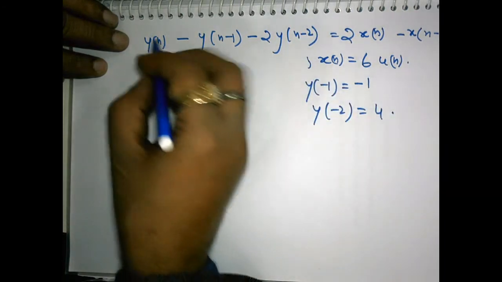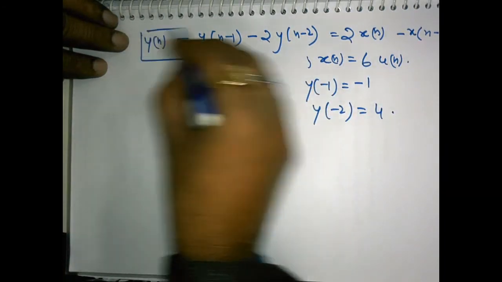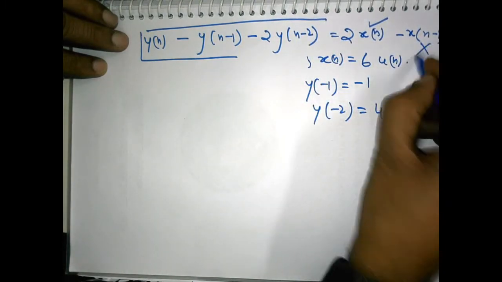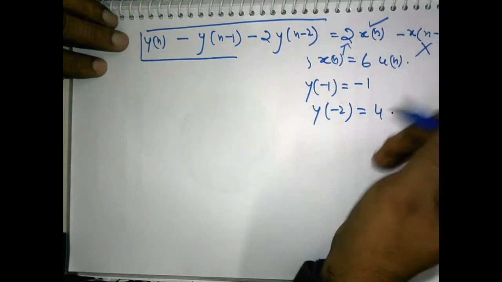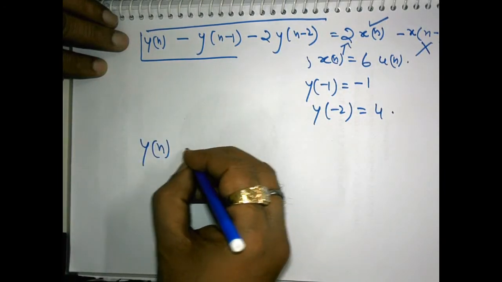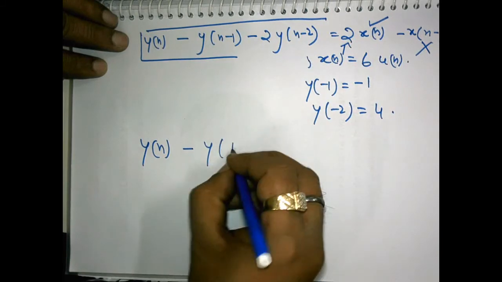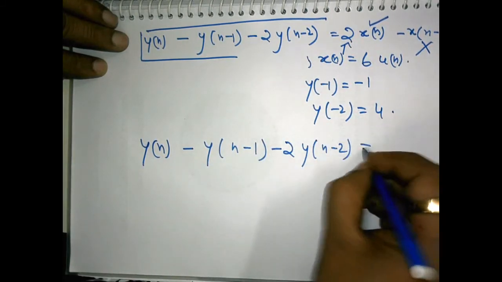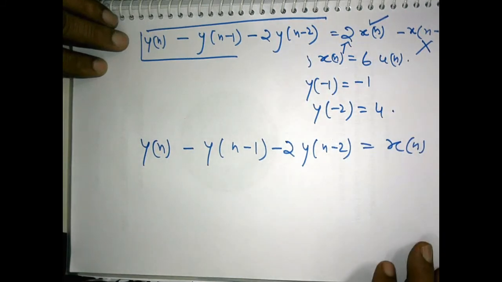While solving this problem, you only concentrate on this equation together with x(n). You forget about the other terms. This means you form the solution for y(n) minus y(n-1) minus 2y(n-2) equals x(n). This is our earlier problem.